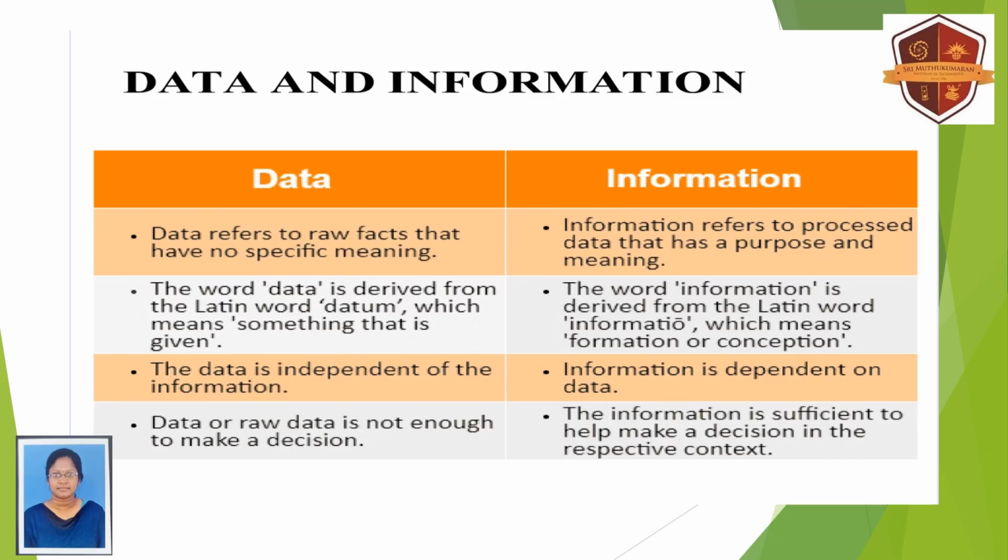Based on characteristics, we see three types: action versus non-action, recurring versus non-recurring, and internal versus external. Based upon the applications, we have planning information, control information, and knowledge information. And based on the management hierarchy, the information is divided into three: strategic information, tactical information, and operational information.